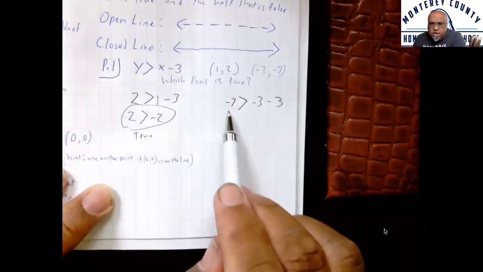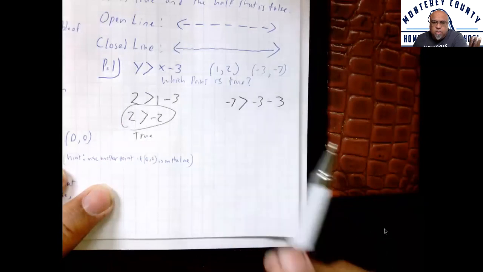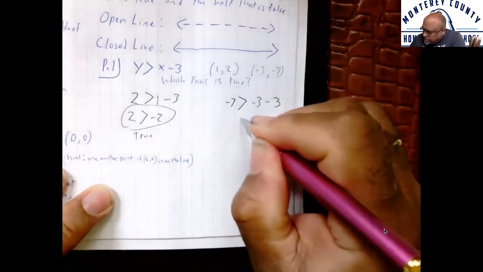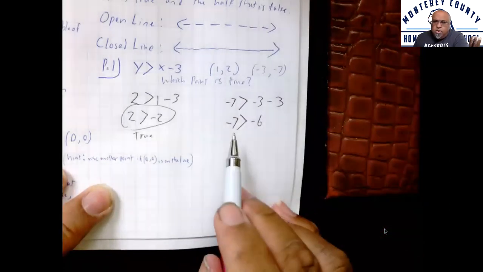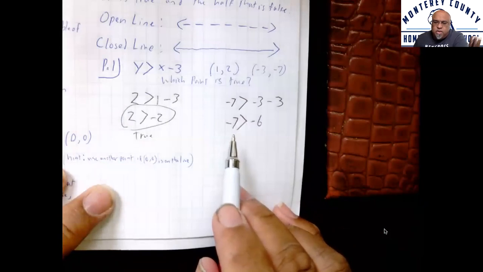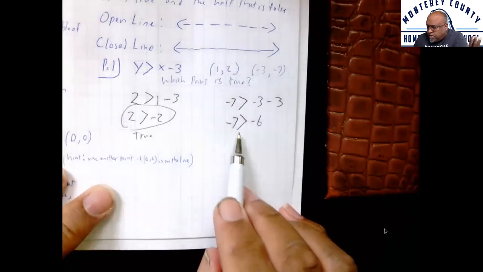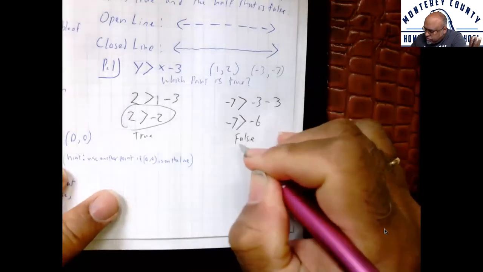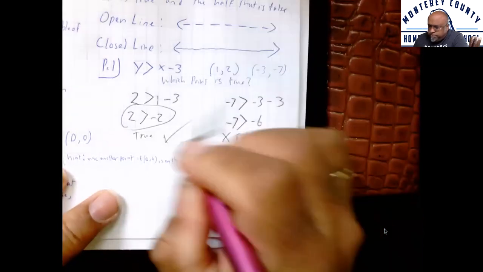So now I have the statement -7 is greater than -3 minus 3. So -3 minus 3 is -6. Now, I want to remind you with negatives, the value of greater or less than is opposite from when they're positives. So is -7 greater than -6? No, that would be false. Okay, so we'll cross out that one and check mark that one.